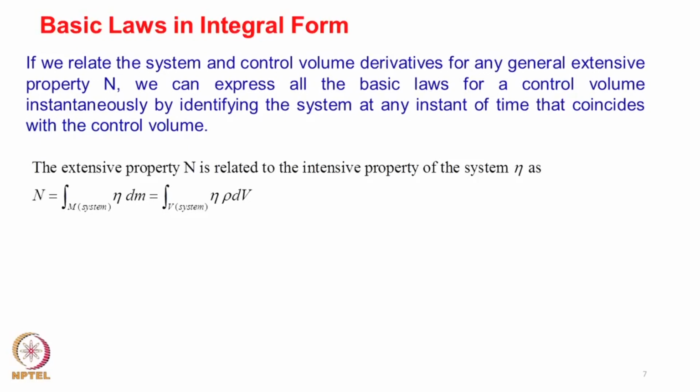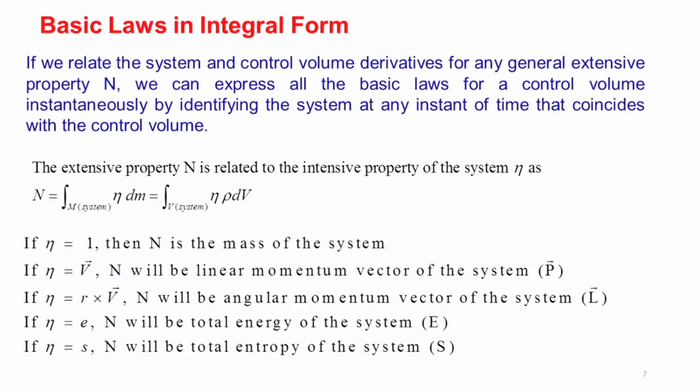The extensive property N is related to the intensive property eta, and it is related here as N equal to the integral over mass, which is for the system, eta dm, which is related to the integral over volume for the control volume, eta rho dV.